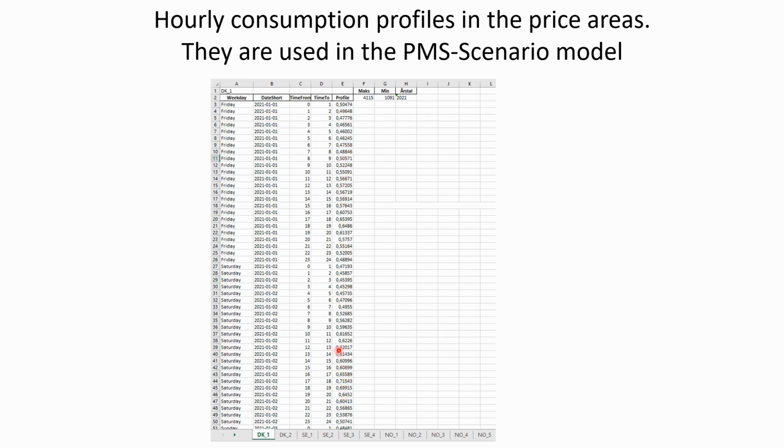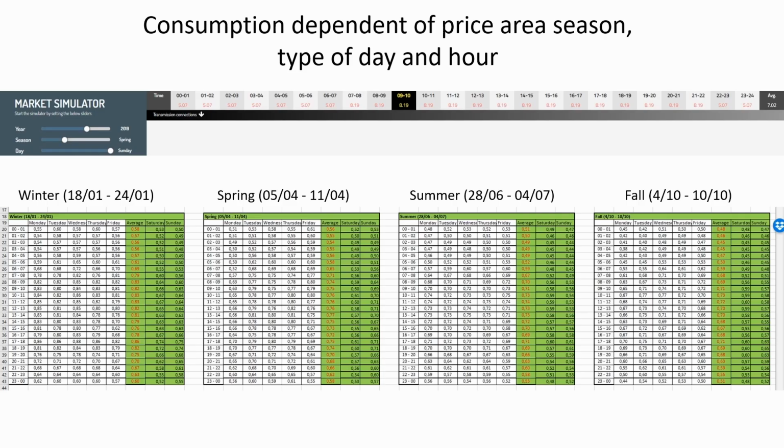When the value here is 1, this is the hour where we have the maximum demand of 4,115 megawatt. In the power market simulator, the user can define which hour the user wants to make a market analysis for, and the price area that should be included in the market analysis.